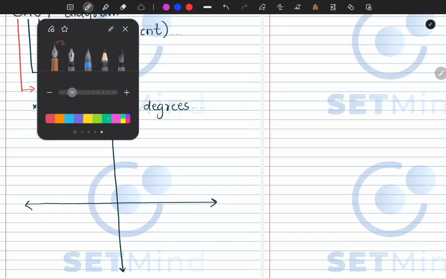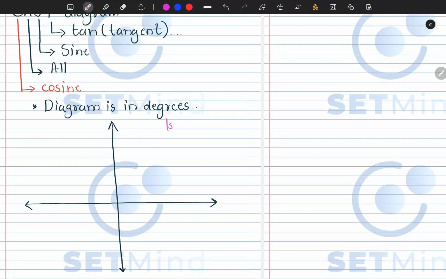What you need to come to an appreciation of is the quadrants. This is the first quadrant, then we have the second quadrant, the third quadrant, and lastly the fourth quadrant.